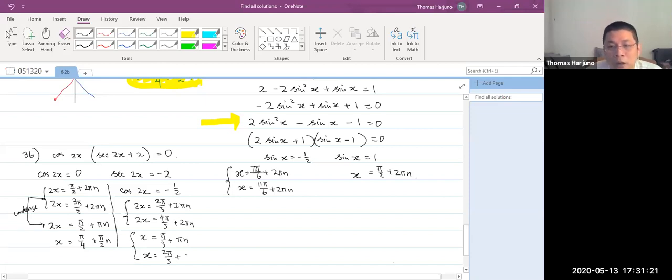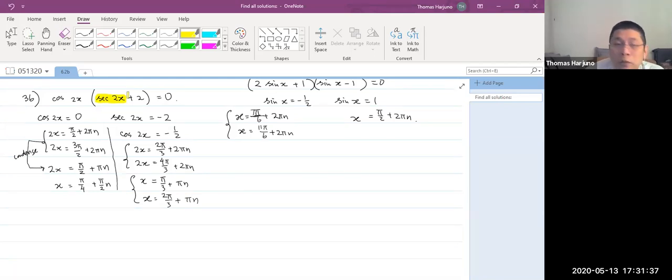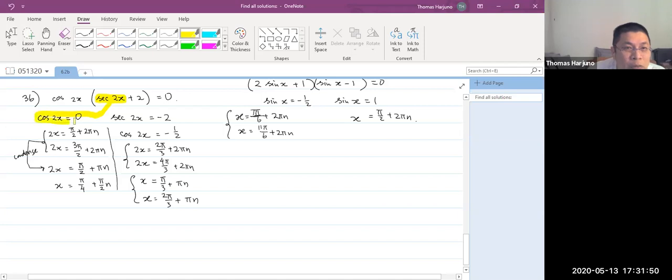Now, I need to be a bit careful here. What to be careful about? Notice that the domain of secant is not all real numbers. So I need to avoid those values that are not in its domain. Secant 2x is undefined when cosine 2x is 0.